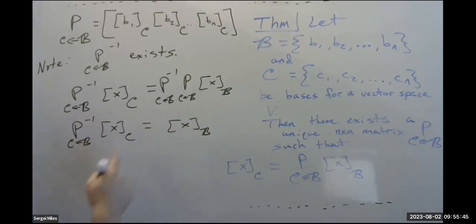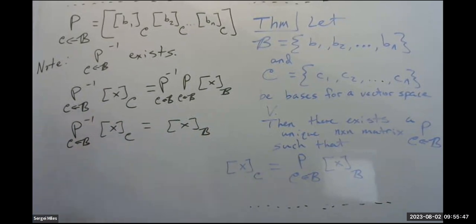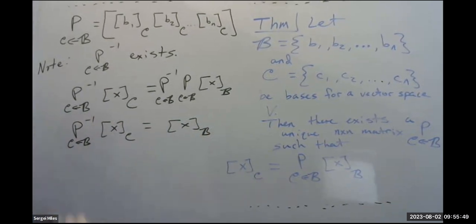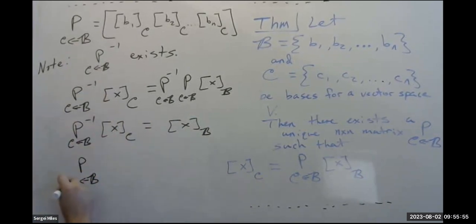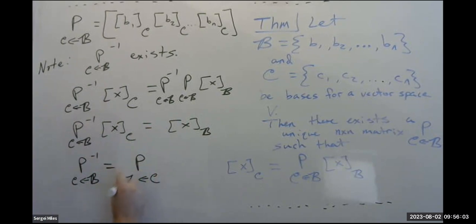In other words, regardless of which direction you're trying to go, they're just inverses of each other. The inverse of P from B to C is the matrix that takes C and changes it into B.